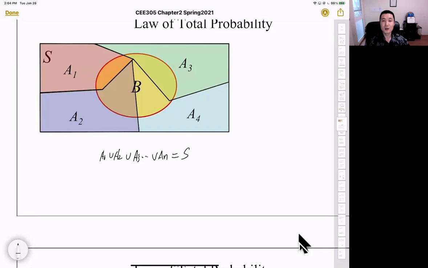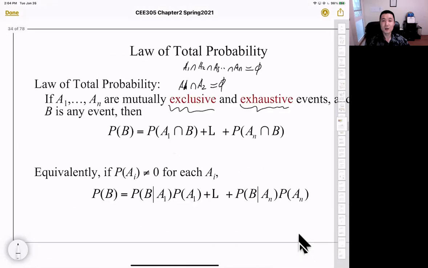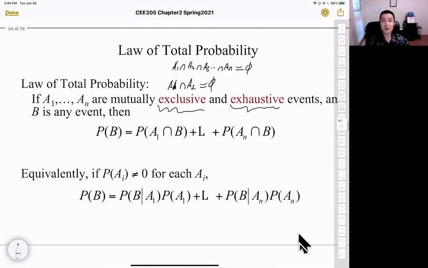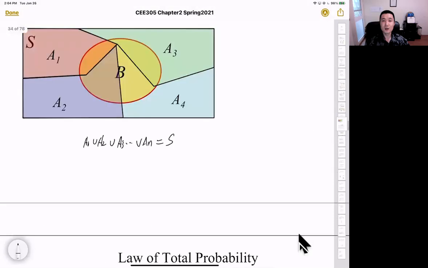The half circle facing up means all. So this means the events A1 to AN are mutually exclusive and also exhaustive, and event B is any event. Like we can see from here, any event in that circle B.